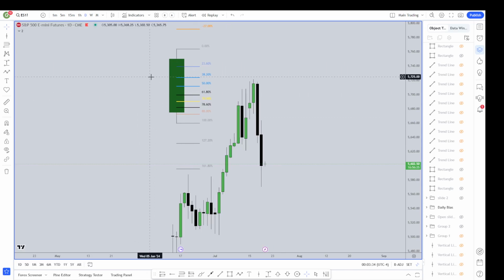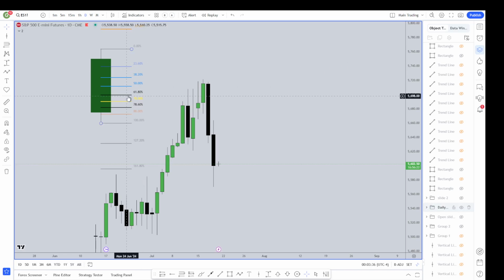Now, with fibs, ICT talks about the OTE, 61 to 78. We also know that we have an aggressive entry, like a continuation retracement level, typically between the 23 and the 38. So retracement level 1, aggressive, is 23 to 38. Retracement level deeper, OTE, 61, 70, or 78.6.